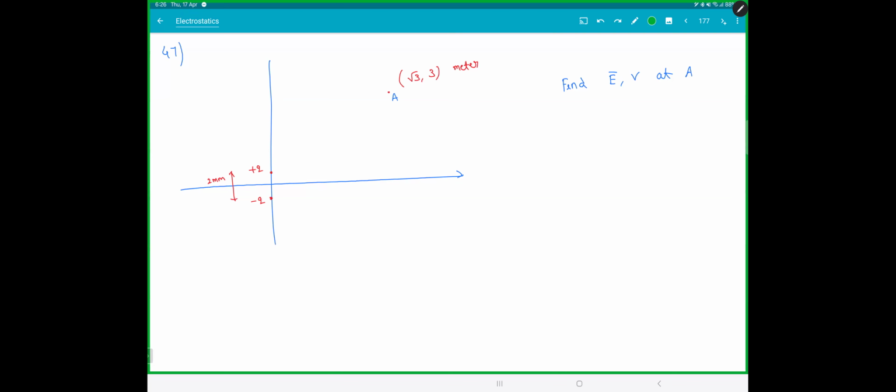See, if I know the value of p, the value of theta, the value of r, my job is done. I get everything. Let's see.